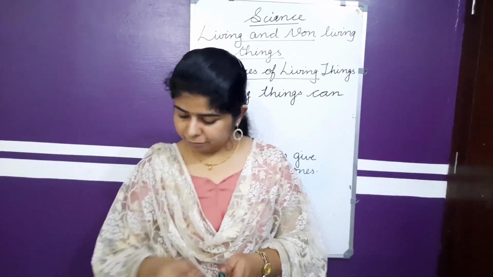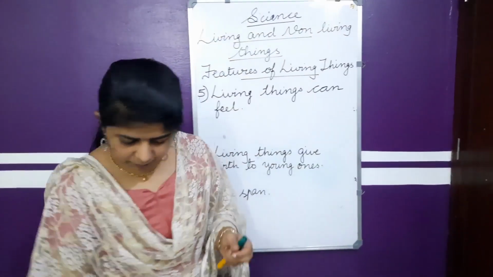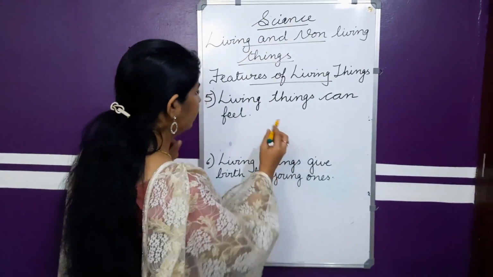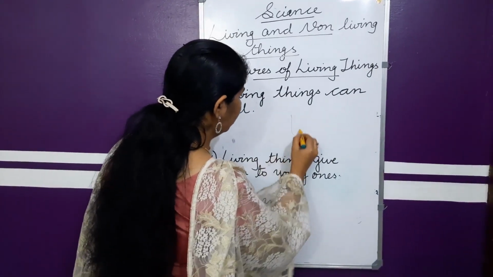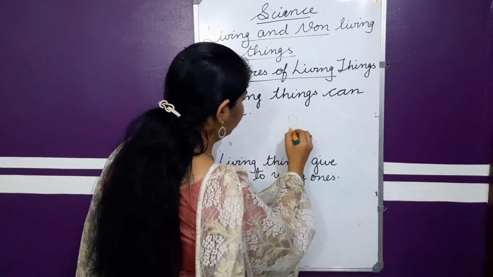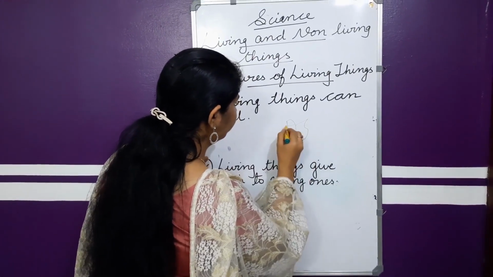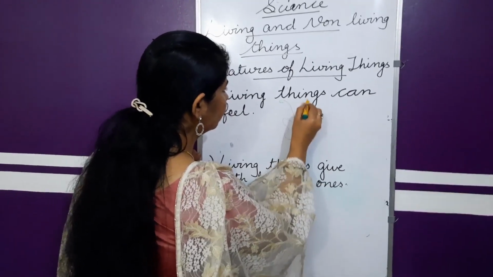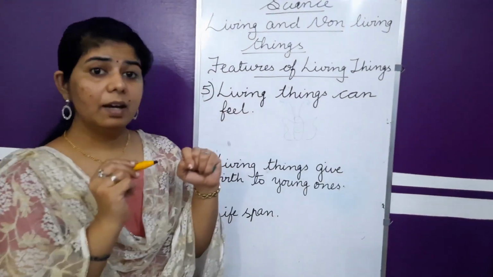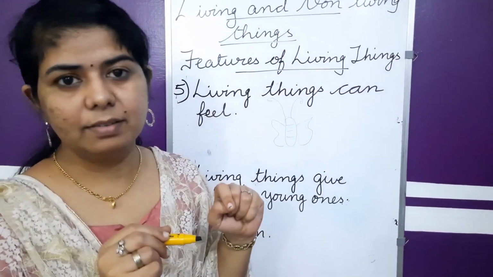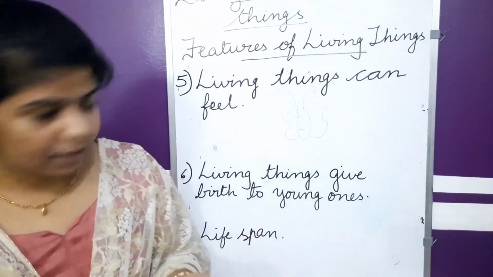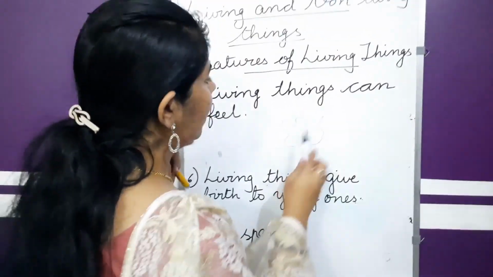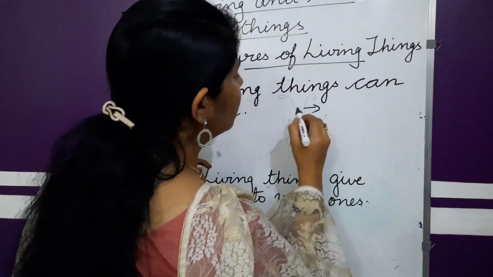Have you seen insects and all? You might have seen a butterfly like this part. I don't know how to draw the butterfly fully anyway. Have you seen this organ? Have you seen this part? It is known as the antenna, and this helps the butterfly to feed.